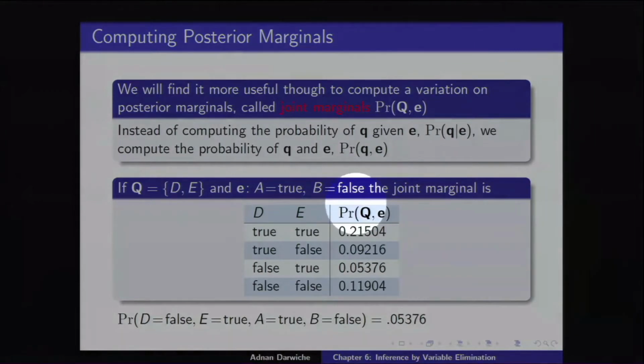What's the difference? I want to compute Q comma E, Q and E, instead of Q given E. And then this is a marginal distribution. So if you look at the third row, which is D is false and E is true, then really this number is the joint, not the conditional.